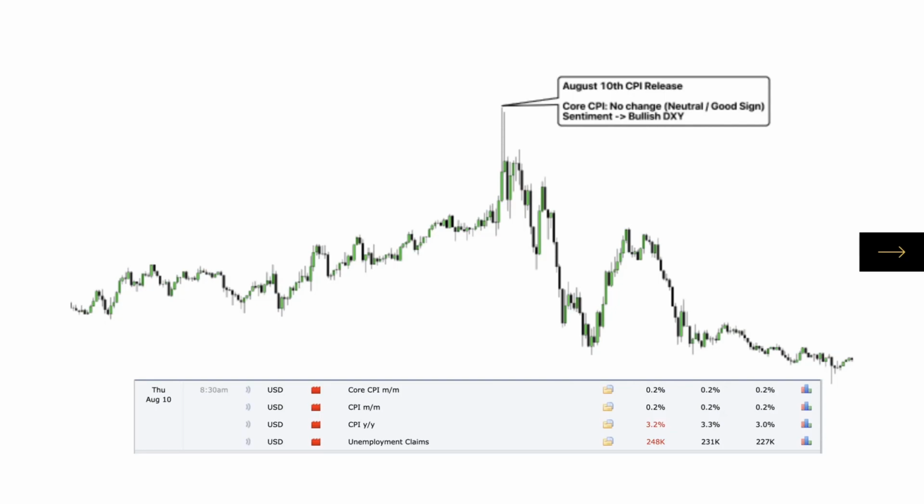The CPI year on year and the unemployment claims were quite negative, but on this particular day the focus is on the core CPI. If inflation has had no change, it's more or less on the good side. It's neutral, but it's still good, so that's going to lead to a bullish dollar index.